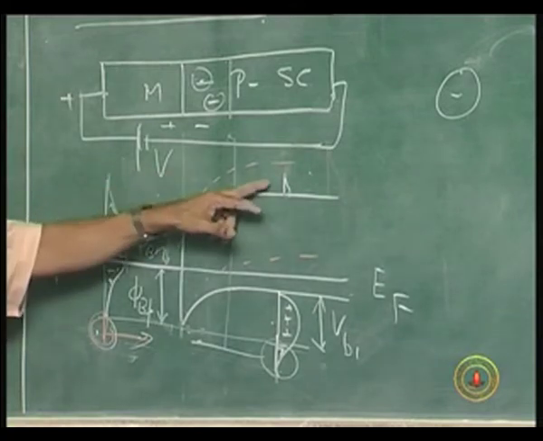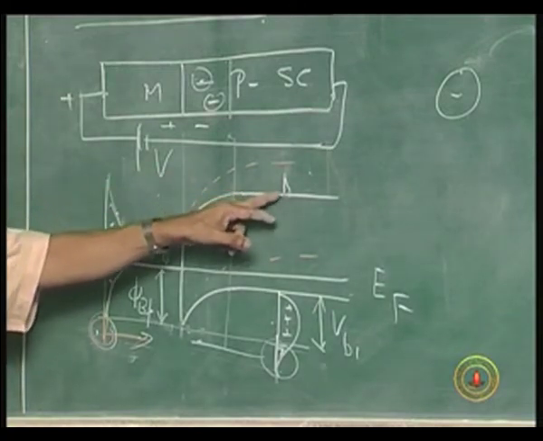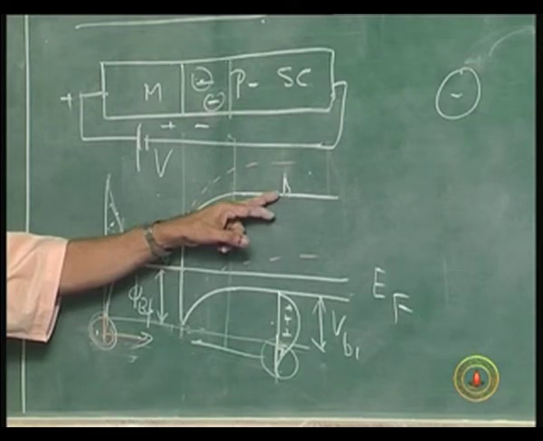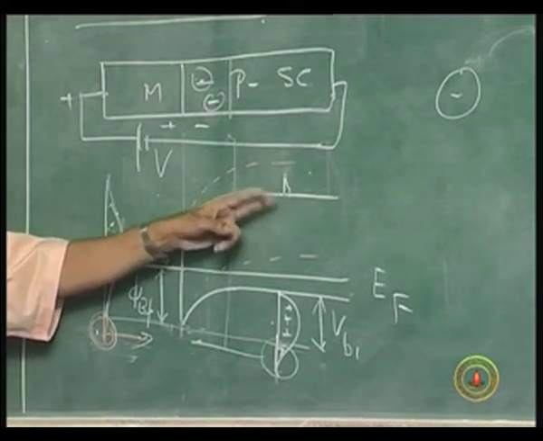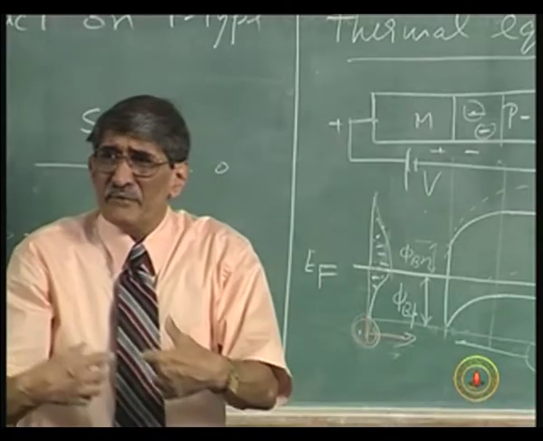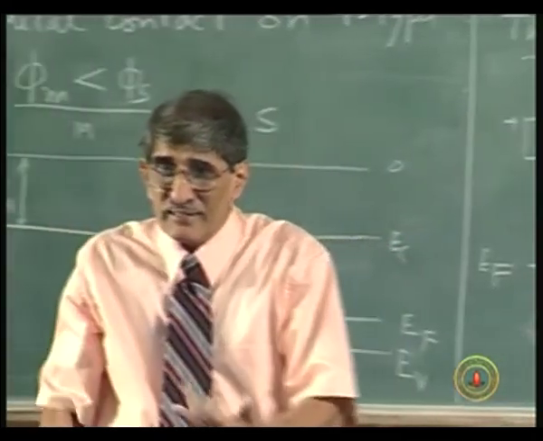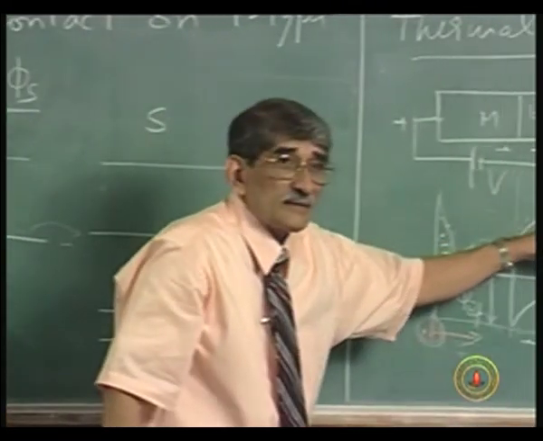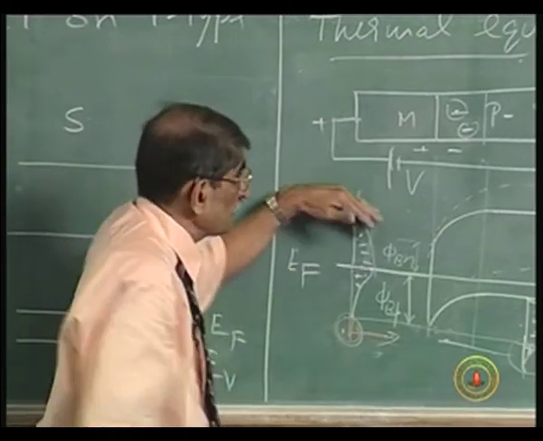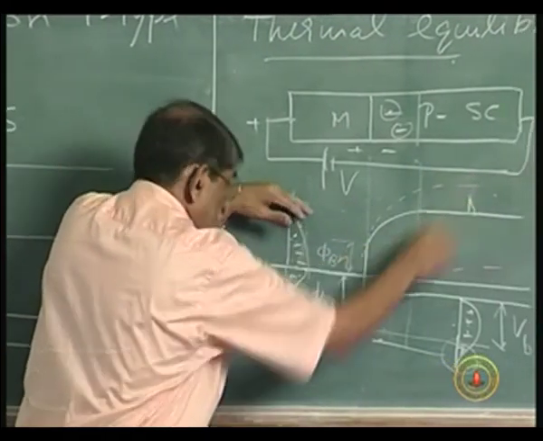So, current due to electrons will be there, a small current because of this minority carrier, which will be very, very small, like the p-n junction minority carrier current, that will be there rolling down, because you have taken it up and this distribution goes up here.